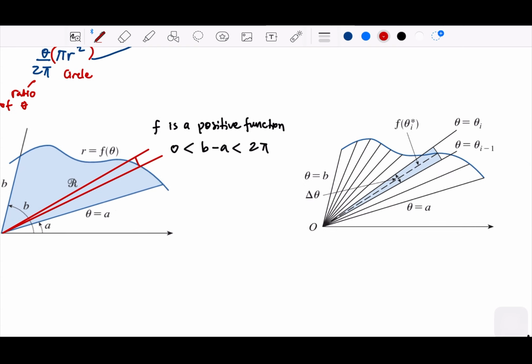So we are going to approach the angle here, delta theta. Just to note that it will be really small. And then let's say we have a function of theta i, which means that's the sample point that we are going to approach.